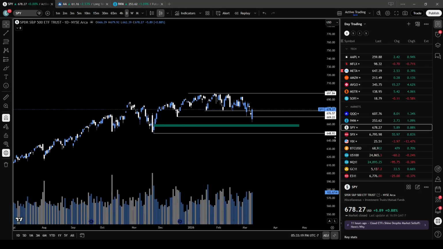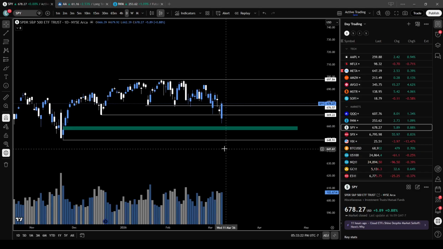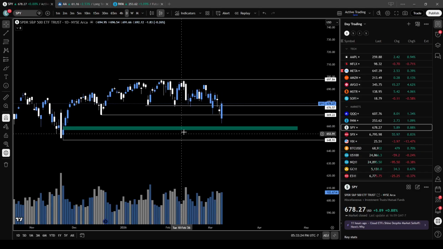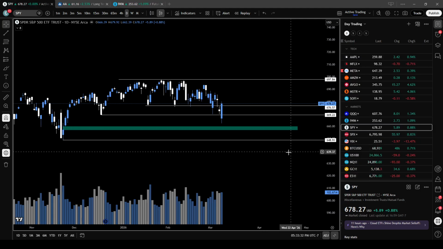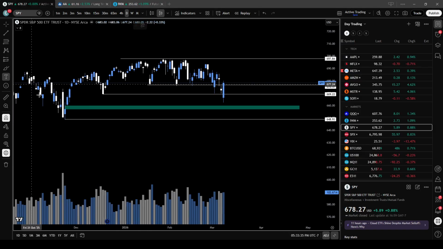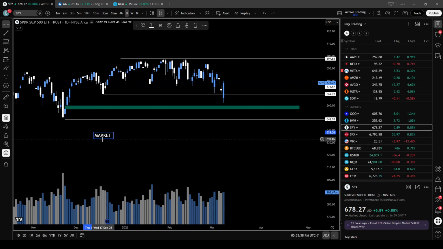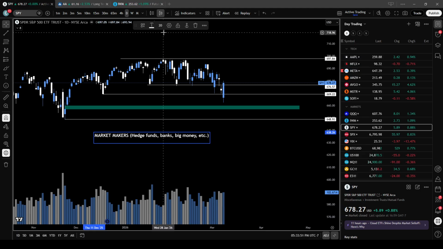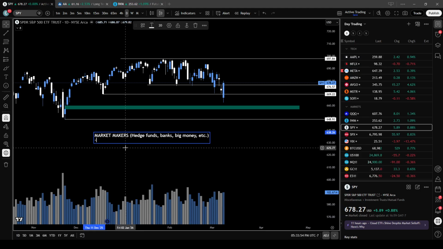Alright, so that's how I've been playing VIX. And the reason why it's not good to trade options when VIX is super high is because, if you know about market makers, and these are classified by hedge funds, banks, big money, etc., they are the options sellers.